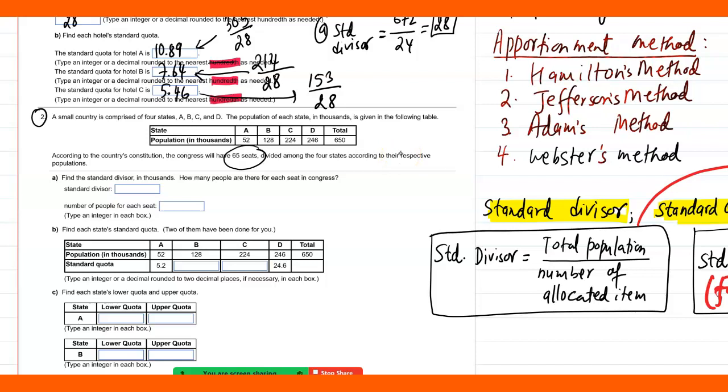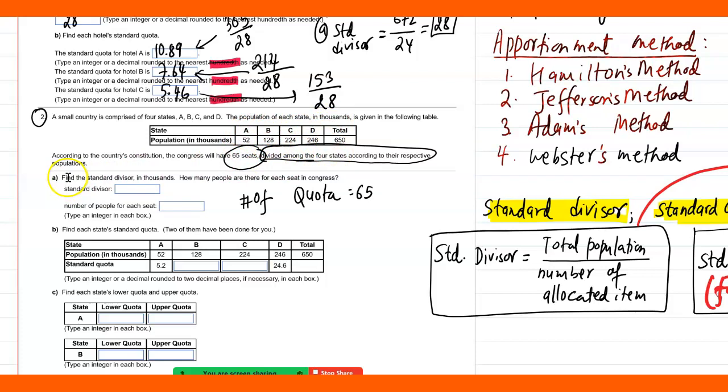Okay. 65 seats divided among 4 states according to their respective populations. Therefore, the number of quota equals 65, and you divide the 65 quota among these 4 states according to the population.